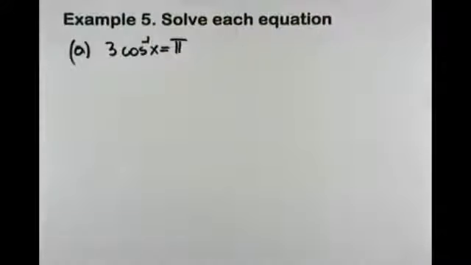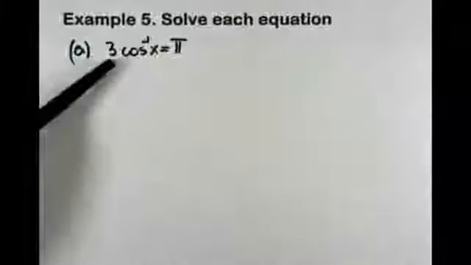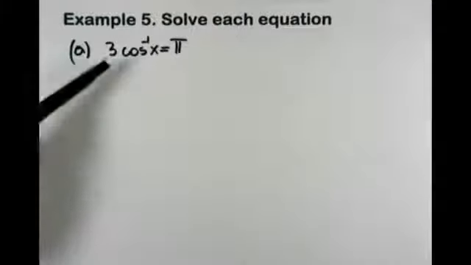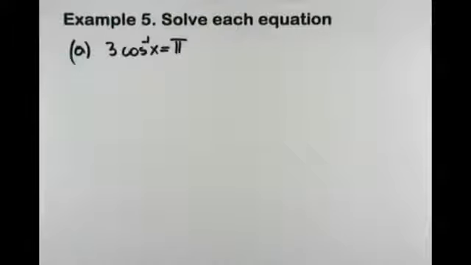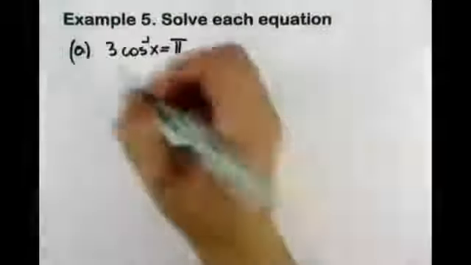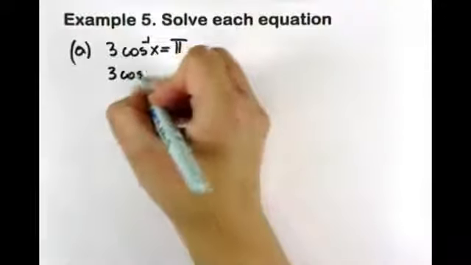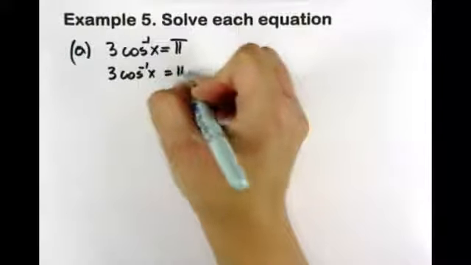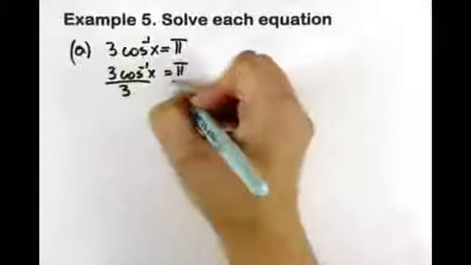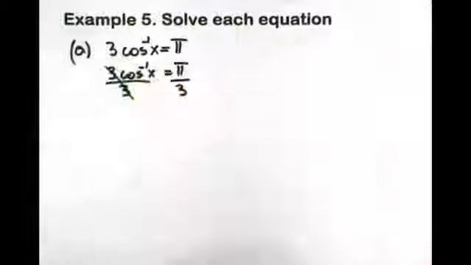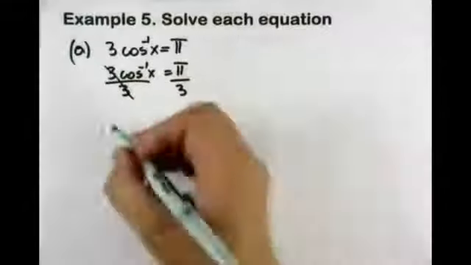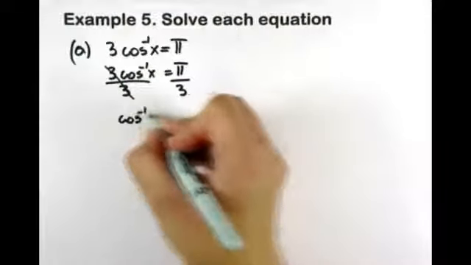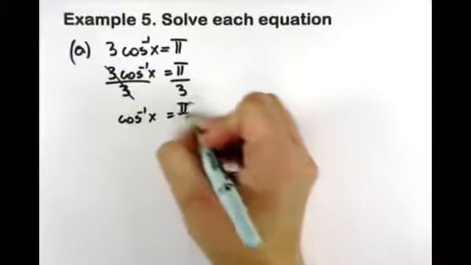First we isolate cos inverse x. We need to divide both sides by 3. So I'm going to rewrite: cos inverse x is pi over 3.